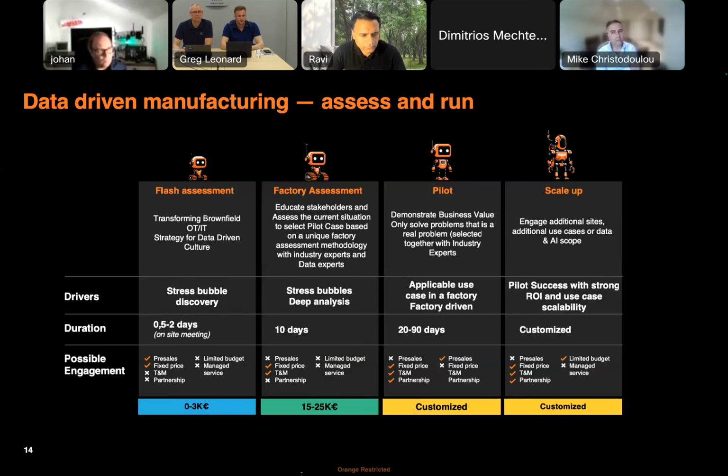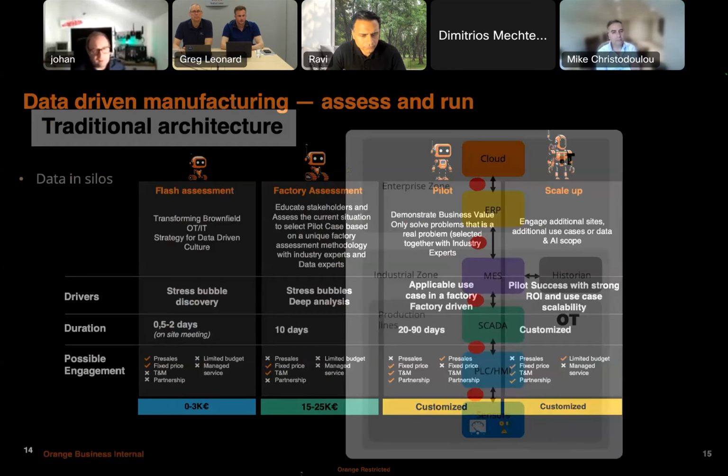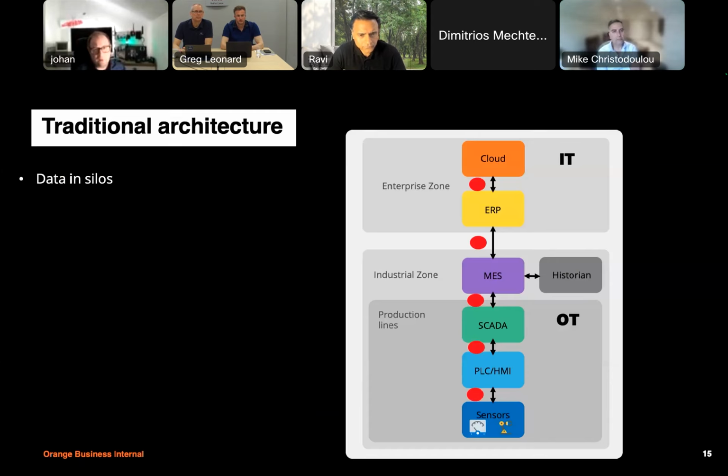Now, what we see when we visit factories is a lot of the traditional architecture where you have sensors, PLCs and SCADA systems. They were all built to solve a very specific problem. They were not built to share the data, and this creates data silos. You have data in sensors you would like to touch, but it's very difficult.